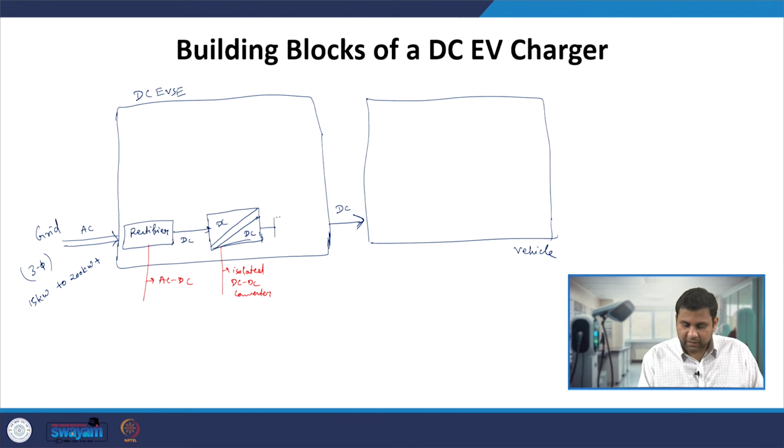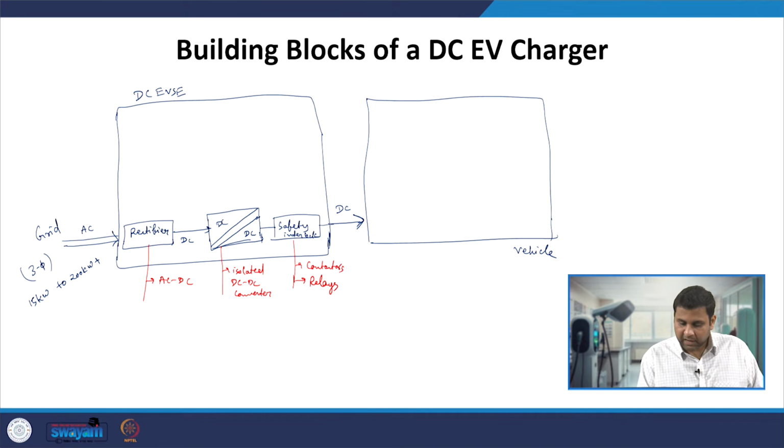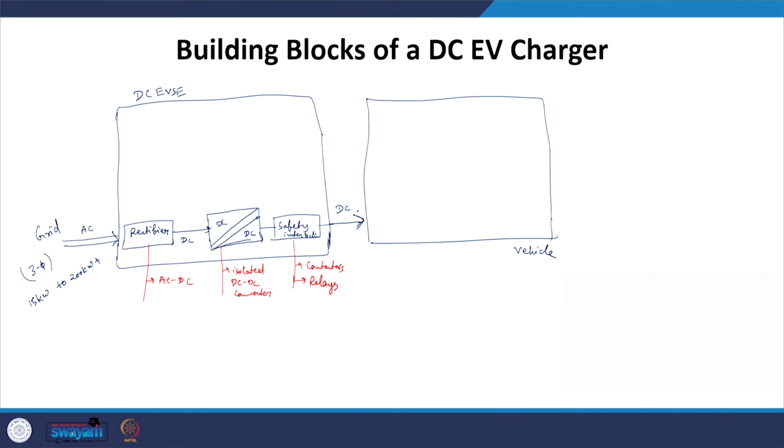And after that you again have the safety interlocks: the same relays and high voltage contactors, which help to connect the output of the DC-DC converter to the vehicle. Once connected, it will be energized and the input will be given to the vehicle.